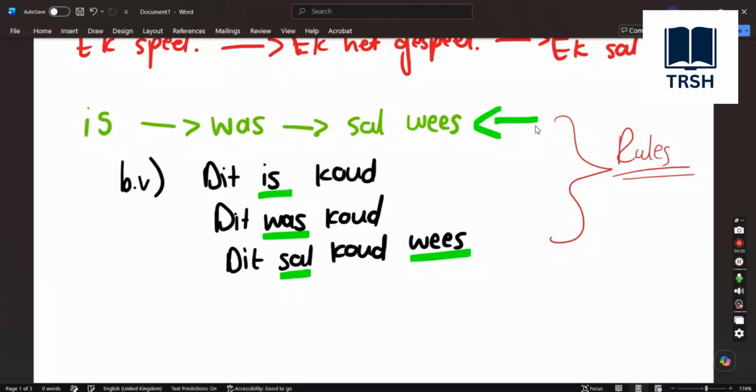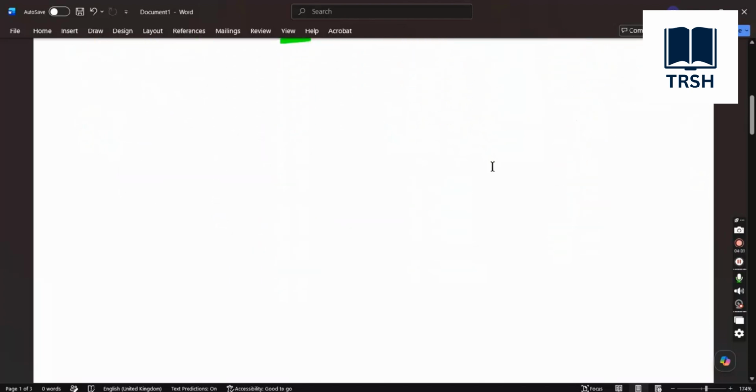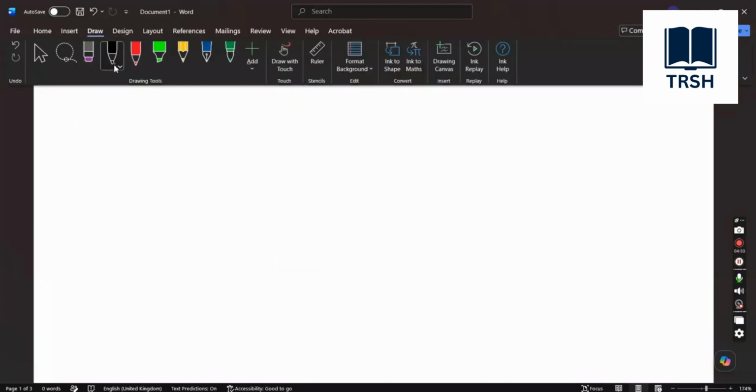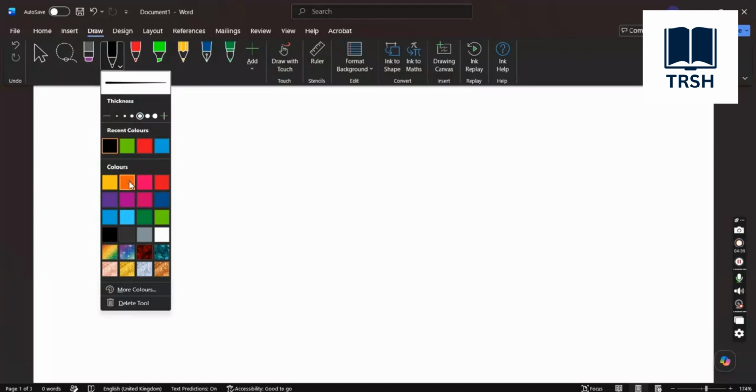Then if we look at some sentence patterns, this is where most students actually lose marks. So we need to stop that now. No losing marks.